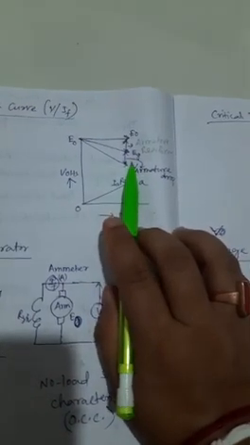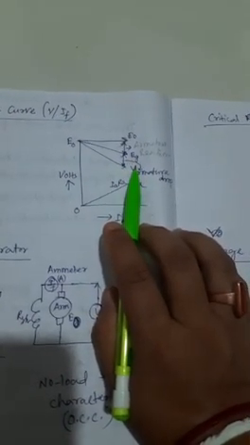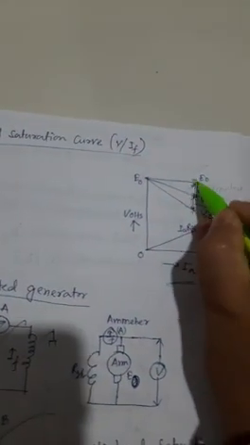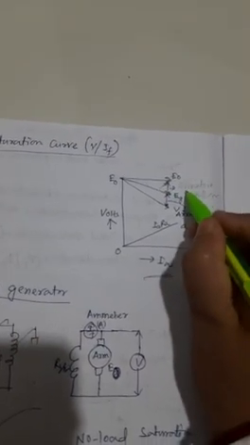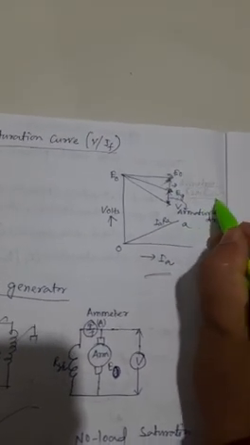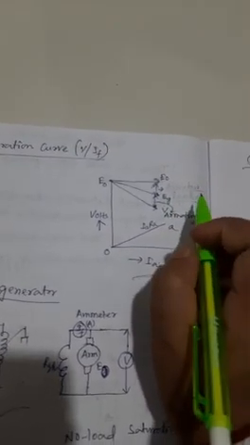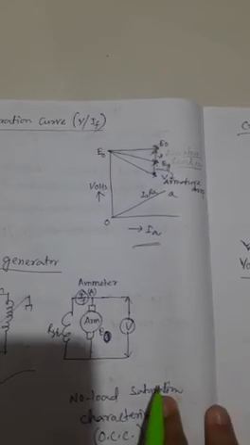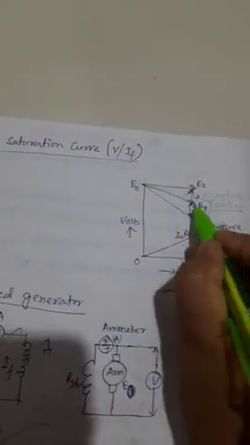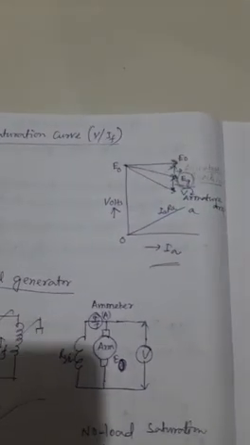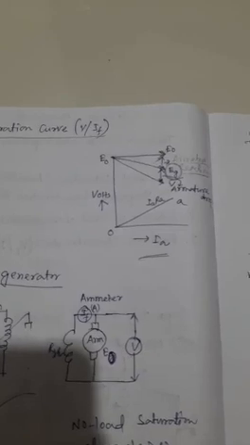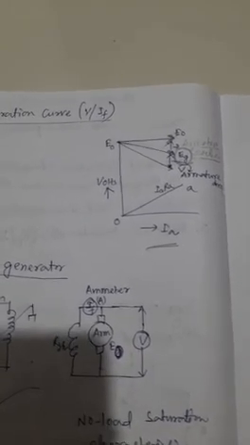If we subtract from E0 the value of drops due to armature reaction for different loads, then we will get the value of E, that is Eg. It is your internal Eg, which is the EMF induced in the armature under load condition.